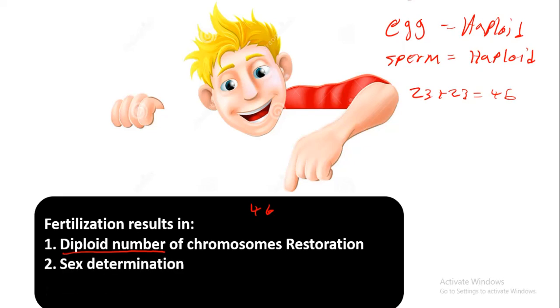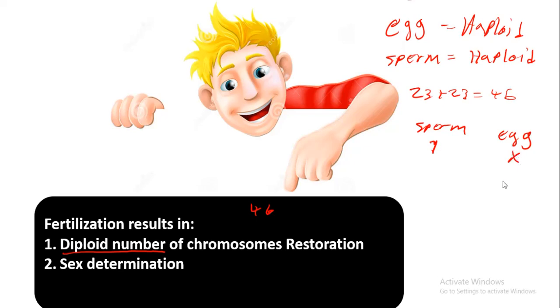The other thing which should be understood is that the sex of the offspring can easily be determined when fertilization has taken place. Let's say a sperm has a Y chromosome which it has contributed, and the egg, we know, has XX.